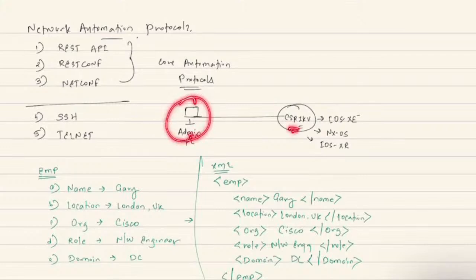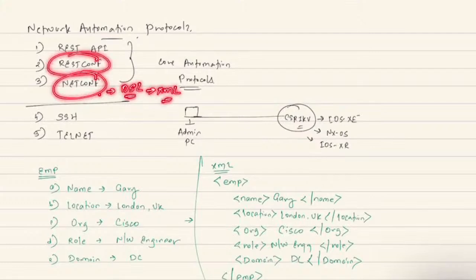That's why the device must create data in a structured way, using XML, JSON or YAML. NETCONF uses XML as its data structuring language. RESTCONF and REST API both give you the ability to use JSON and XML as their data structuring language. Now where does JSON come into the picture?